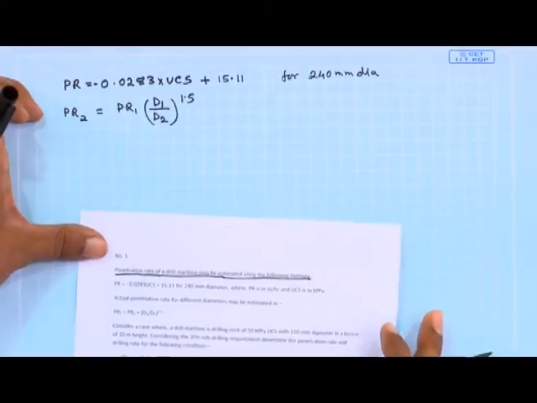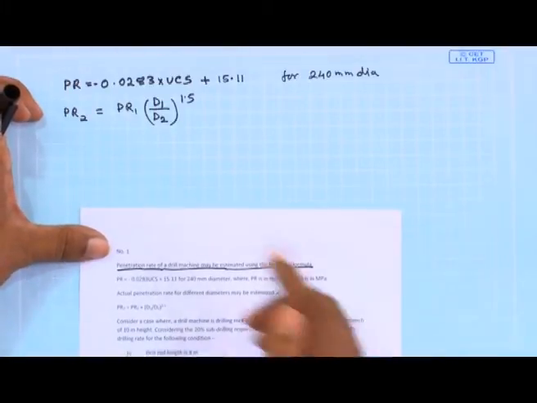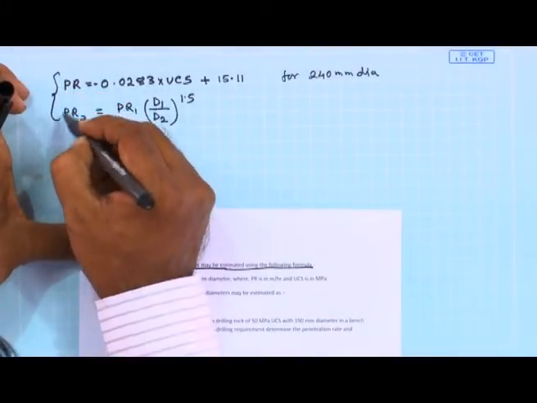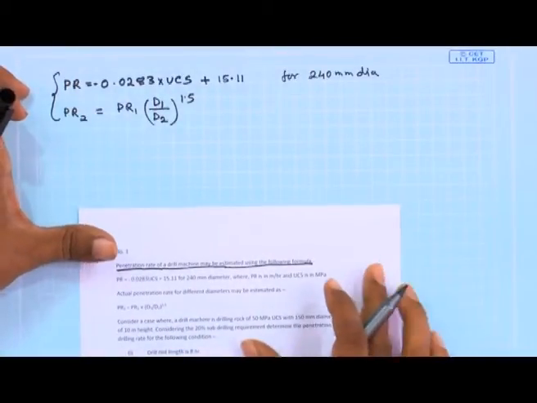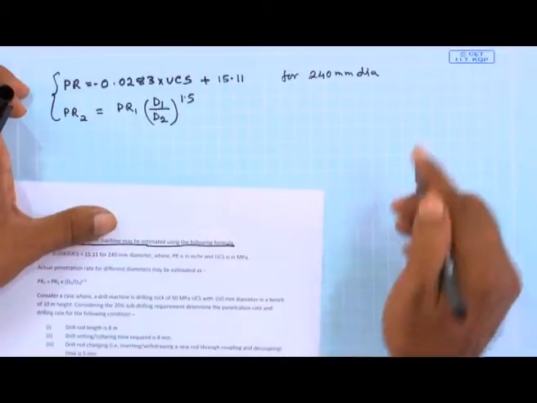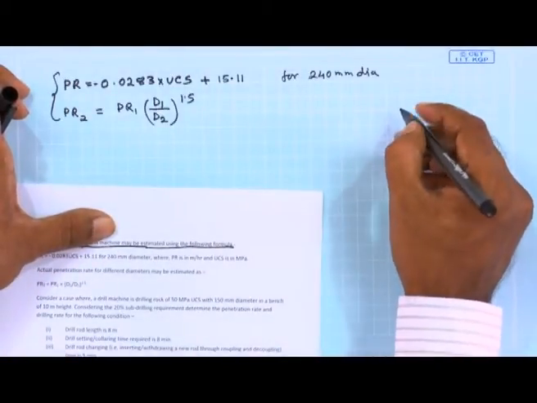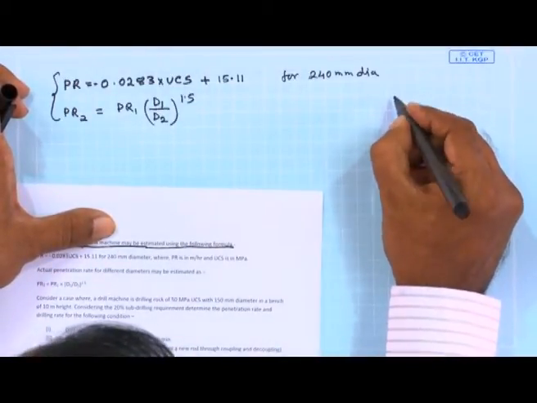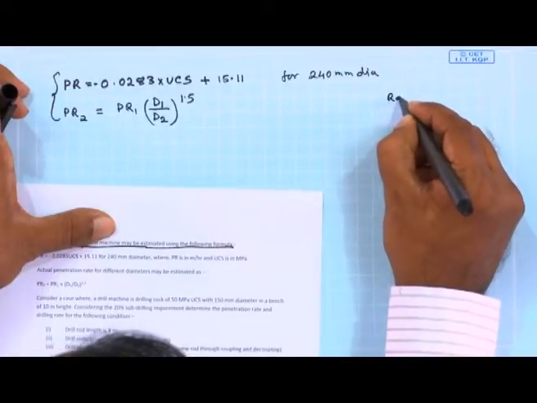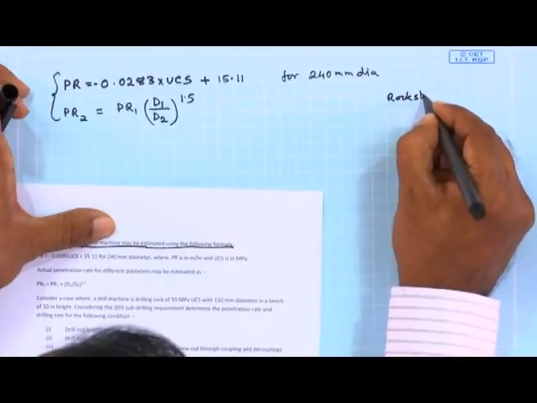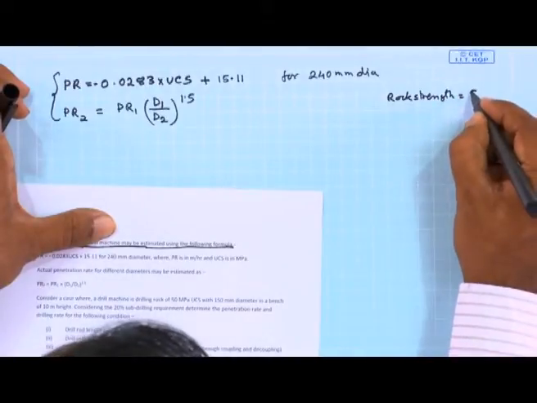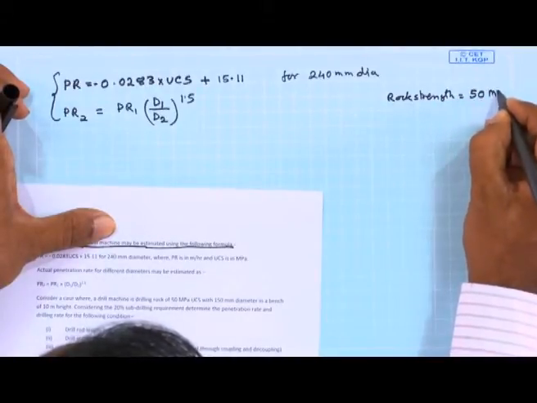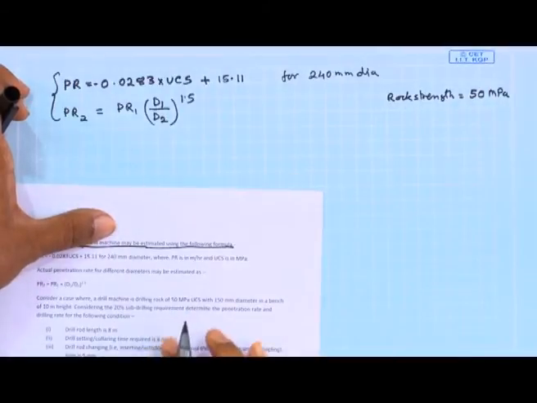So, this is one formula which is already given in this problem, and the problem says that a drill machine is drilling the rock of 50 MPa. So, the rock strength is given, 50 MPa.